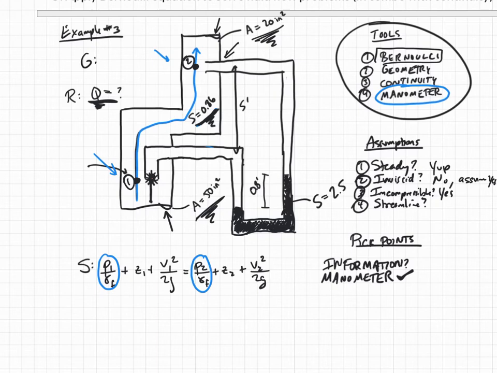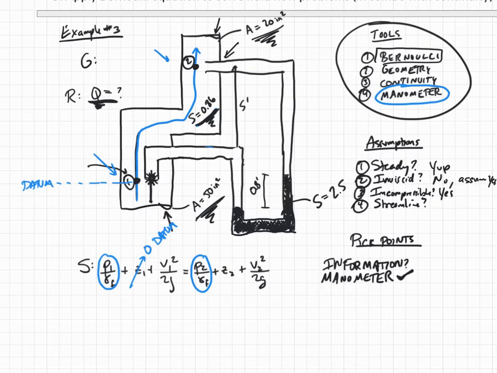What about Z1 and Z2? Luckily we can get at Z1 and Z2. Here's Z1, so that's going to be the datum. I'm doing that because I don't want to deal with it, so we're going to make this 0 because it's the datum. To get to Z2, we're going to have to deal with the fact that I drew this a little bit incorrectly.